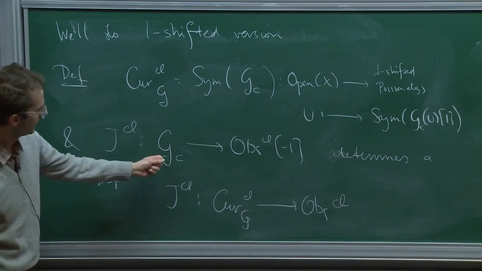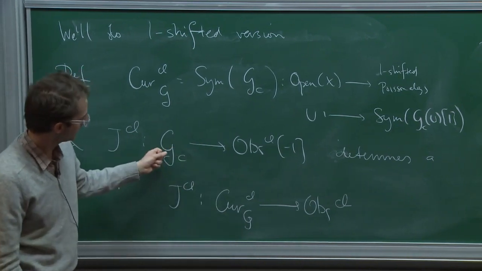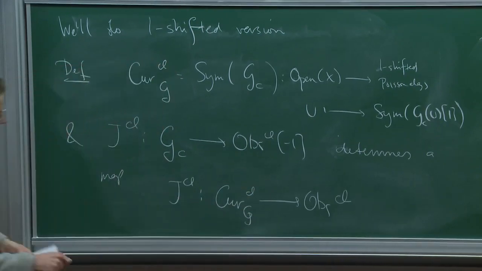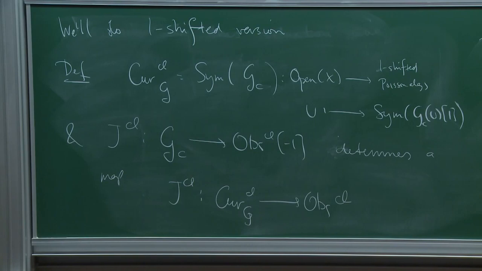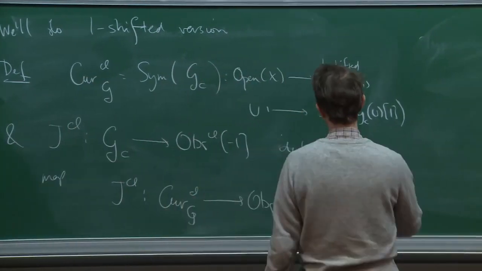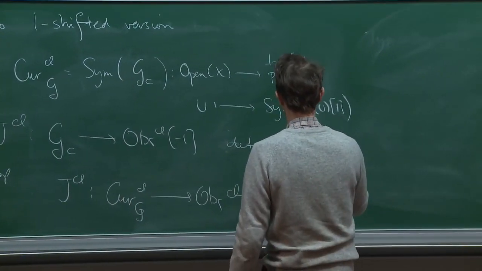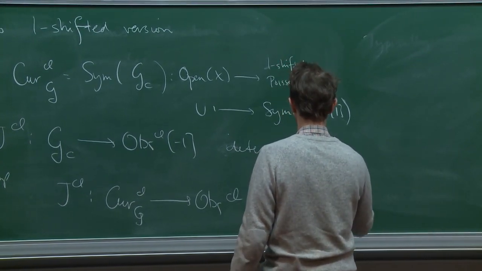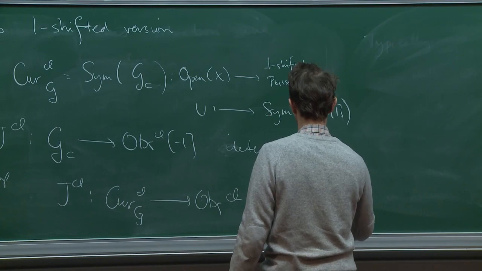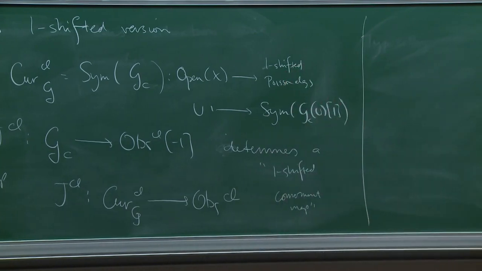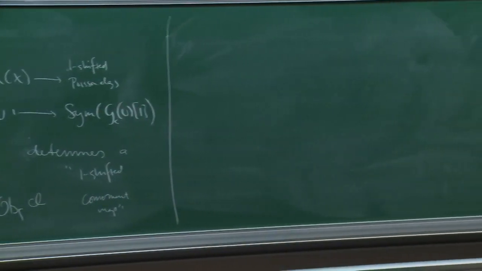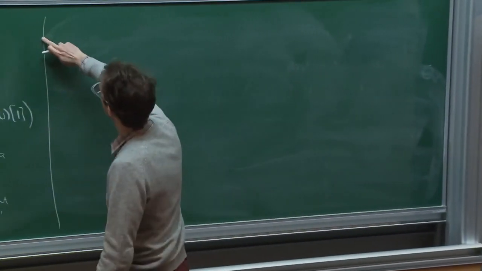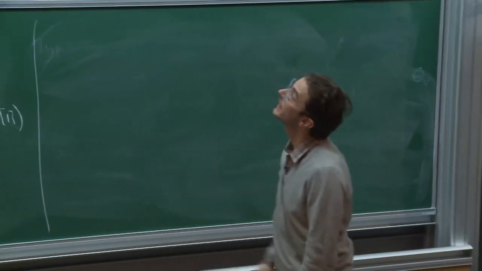And all it's doing is turning every symmetry into an observable, and polynomials in symmetries if you want. Okay, and you can think about this as a co-moment map. So this is a one-shifted co-moment map. I find that helpful for porting intuition from symplectic and Poisson geometry into this one-shifted setting.